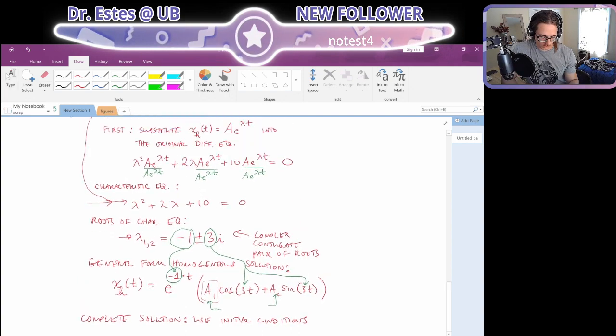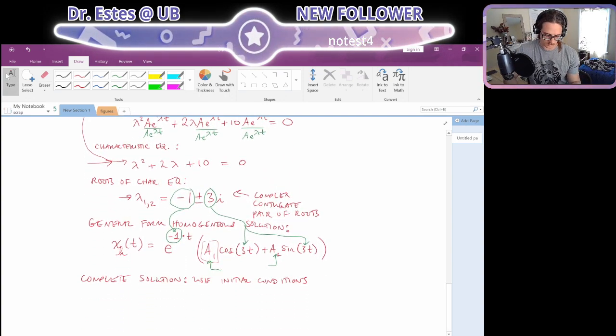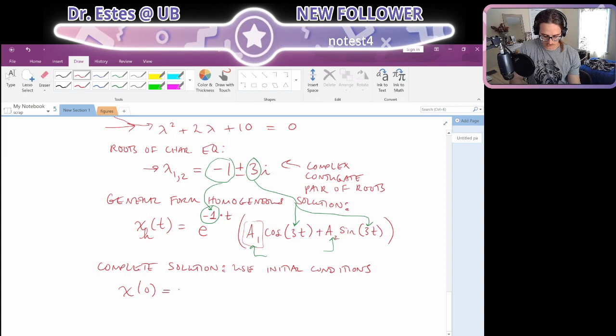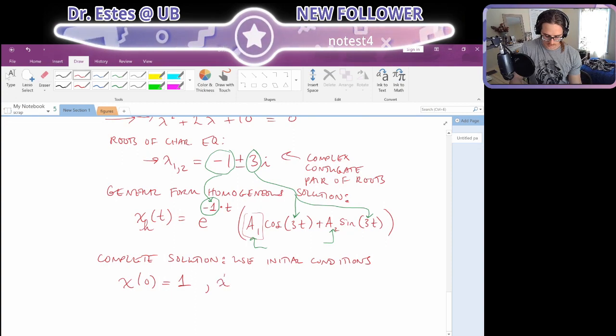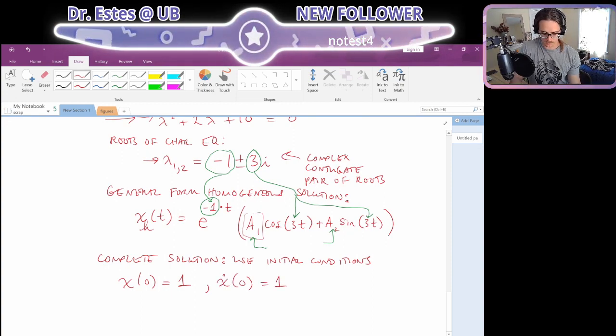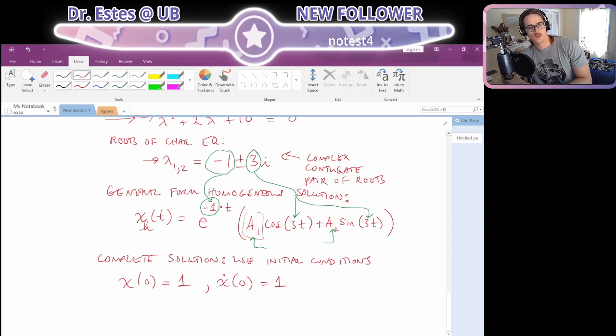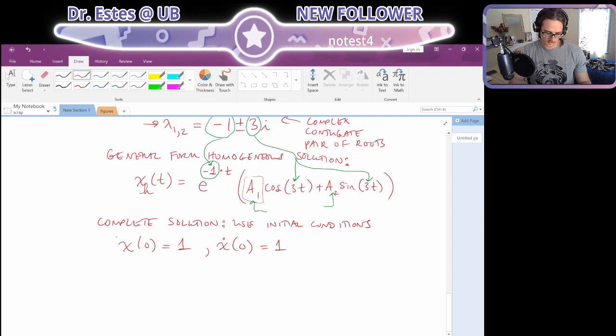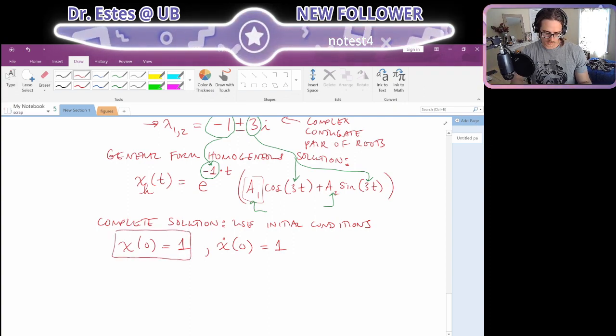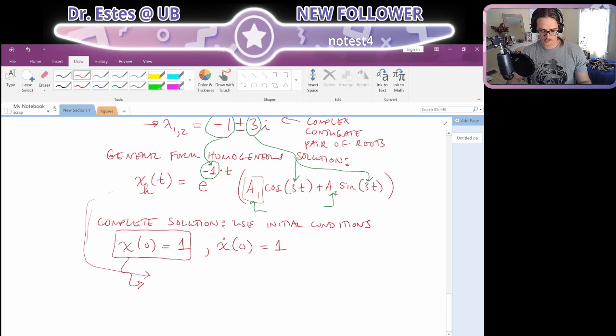So what are our initial conditions? So x0 equals 1, and the other one is x dot 0 equals 1. Okay, so we'll use each of these conditions separately, but I can plug this one right into that general form we have up there.